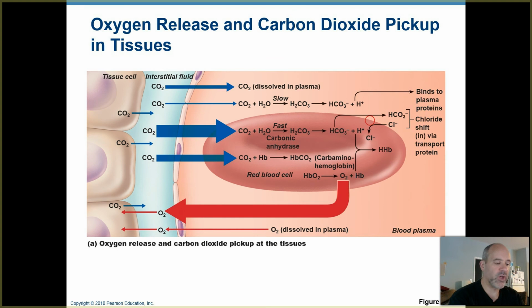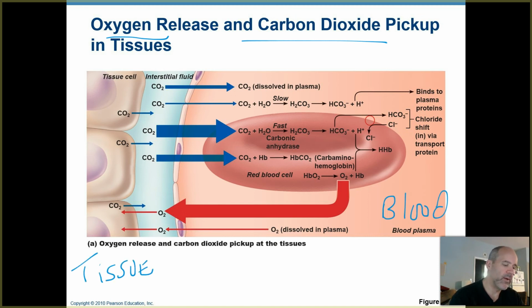Now this diagram is showing both oxygen release and carbon dioxide pickup in tissues. So let's look down here at the bottom. Here we've got the blood, and this is a tissue over here. And this little grouping of cells you see here, that's the wall of your capillary. Okay, so you've got a red blood cell.